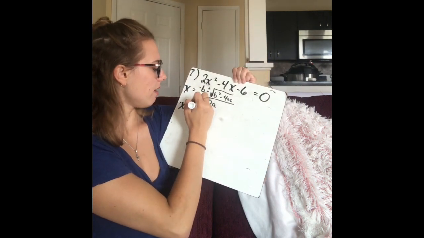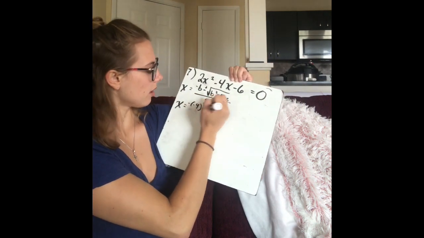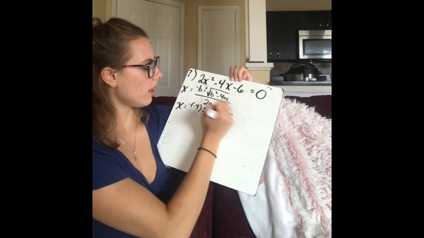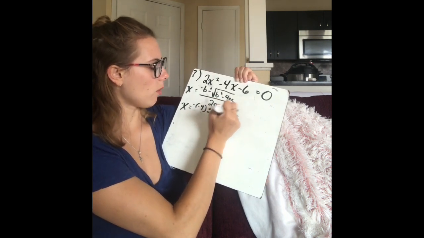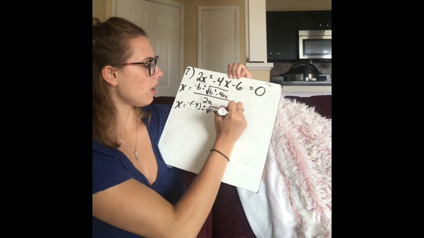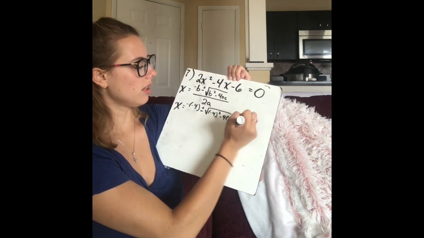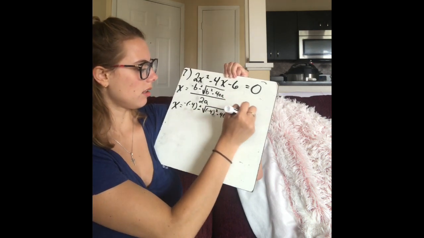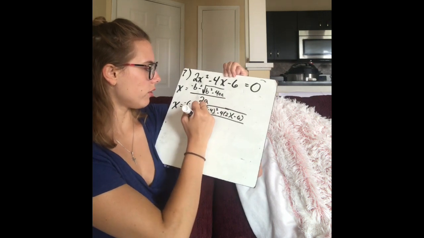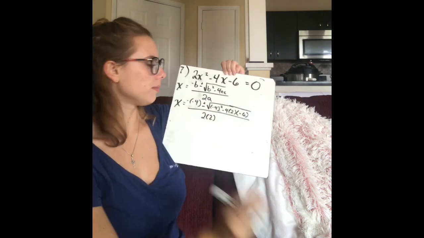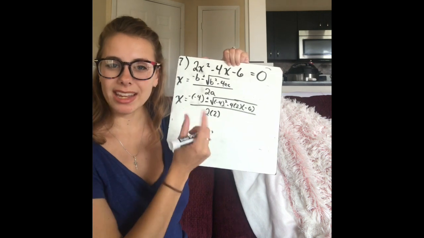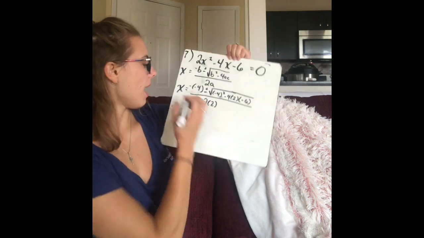X equals negative negative 4 plus or minus the square root of negative 4 squared minus 4 times 2 times negative 6 all over 2 times 2. And now I can combine some steps, but I'm going to do some PEMDAS.